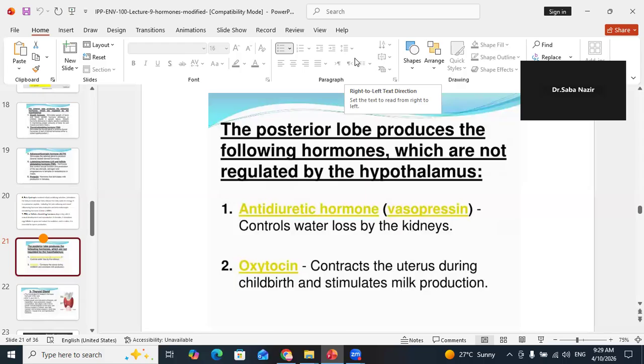Number one, it causes the uterus to contract, which facilitates the process of childbirth, and obviously after the birth of the child, milk production has to be stimulated because it is the only source of food for the born baby. So oxytocin's second job, once oxytocin is released, is to stimulate milk production by the mammary gland.